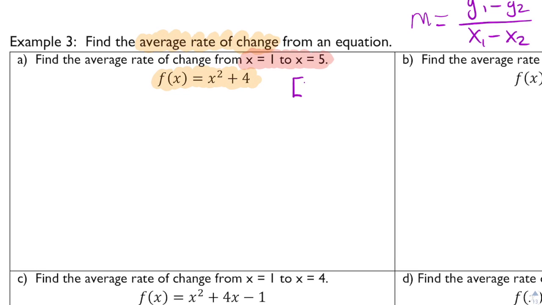So we're going to do our brackets, 1 comma 5, and our first value is our x1 and our second value is our x2. Now I mentioned earlier that we're going to use a table to find our y values.